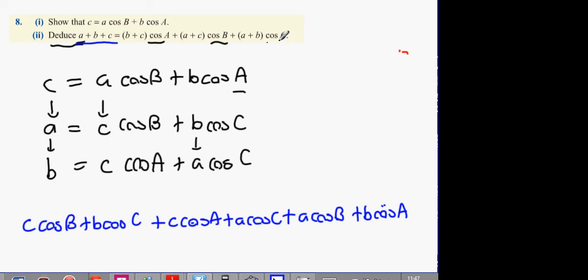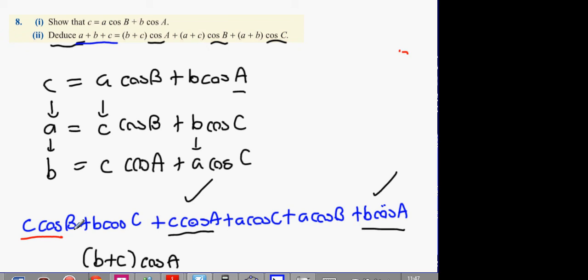Now guys, what it wants me to do next is isolate cos A, cos B and cos C and factorize. So look, what has cos A in it? This one here and this one here. As we can see, it's B and C. So that's going to be B plus C multiplied by cos A. Because when you multiply it out, we get our C cos A back and our B cos A back.